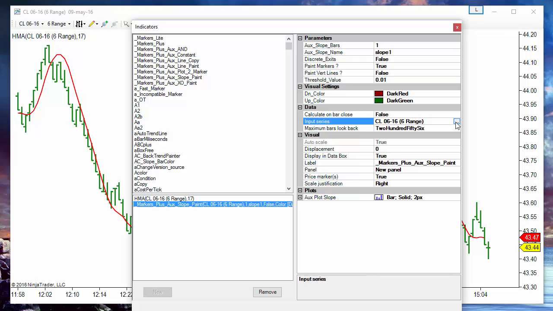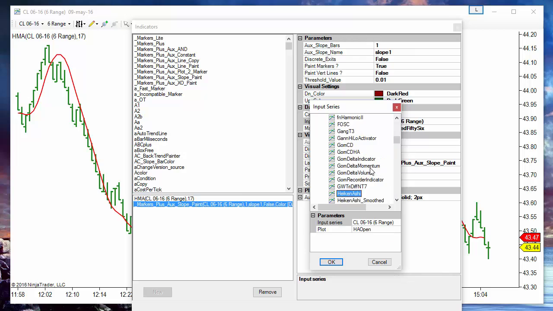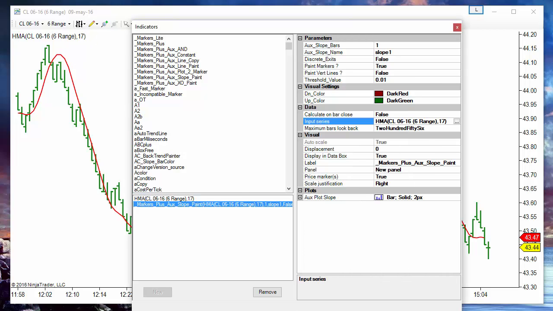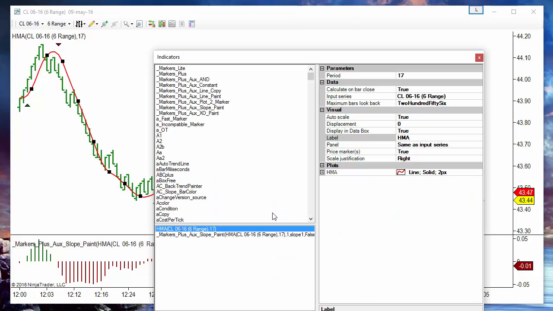We set the indicator that we want to look at the slope. This example is the HMA with a period of 17. So we get the signals each time the slope changes from positive to negative.